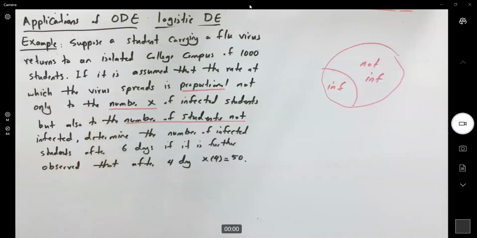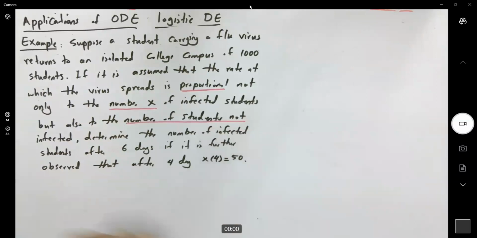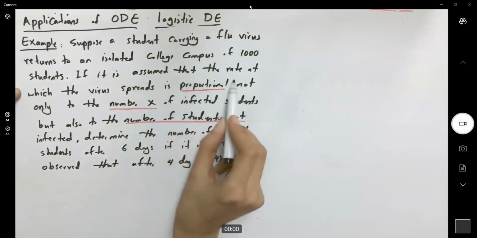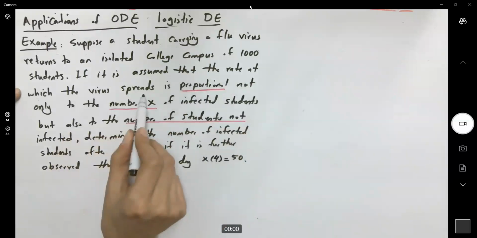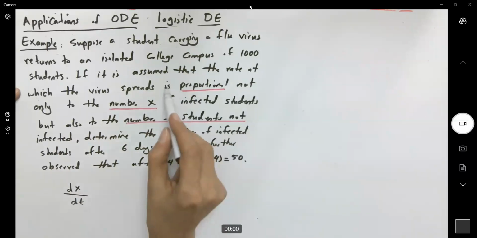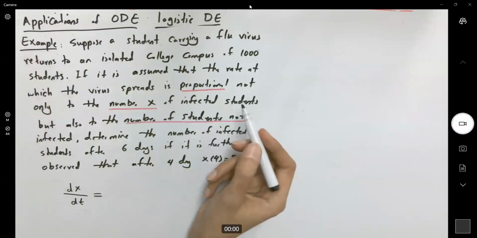This is another example of nonlinear differential equations. Why is that? Take a look at this. The question says the rate at which the virus spreads, it means that dx/dt is proportional to what?